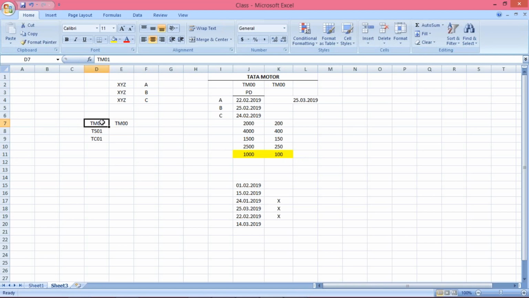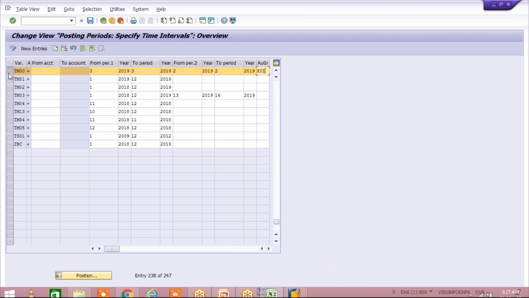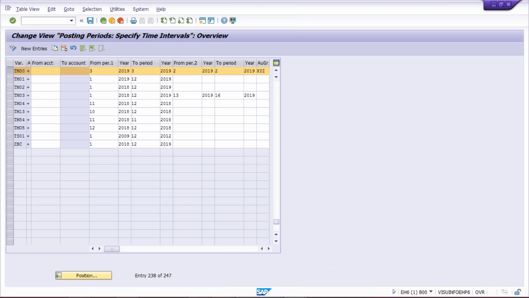So whenever you post any transaction against Tata Motor, the system is going to find which posting period variant we have linked, and then see what is happening against TM00. Against TM00 we have opened the March period, right? Forget about these things now. March period we have opened.